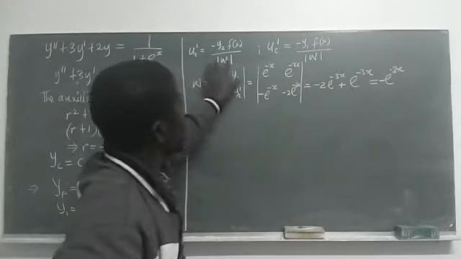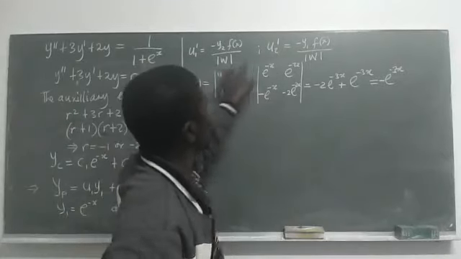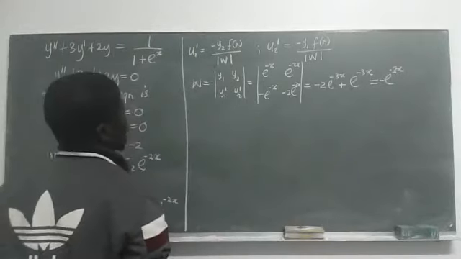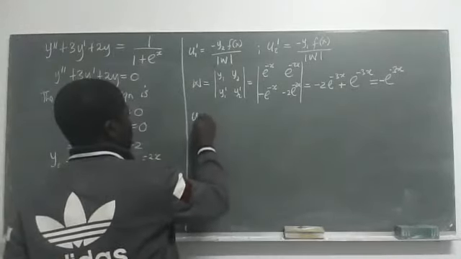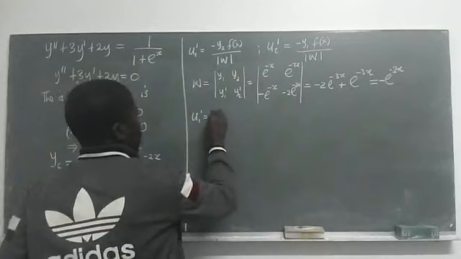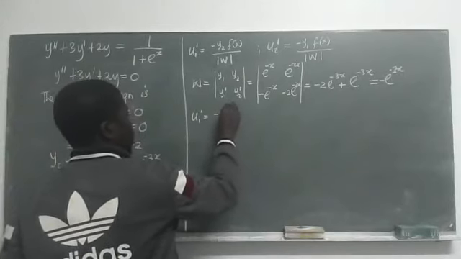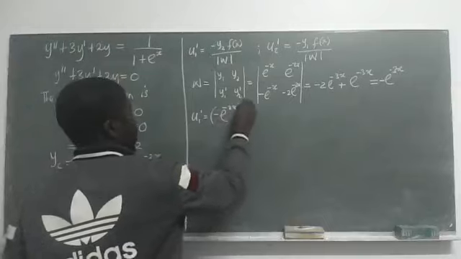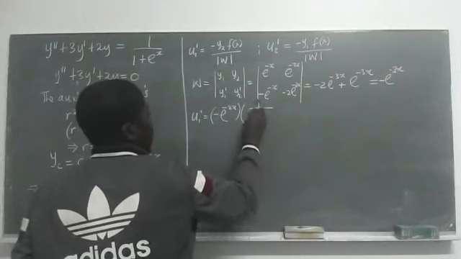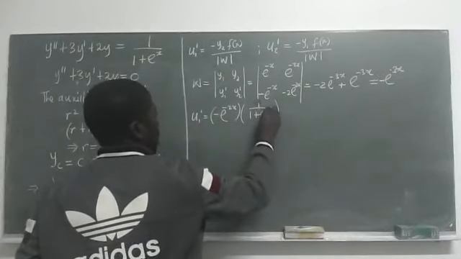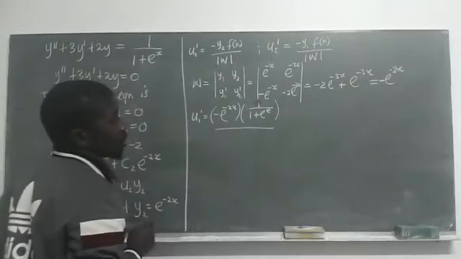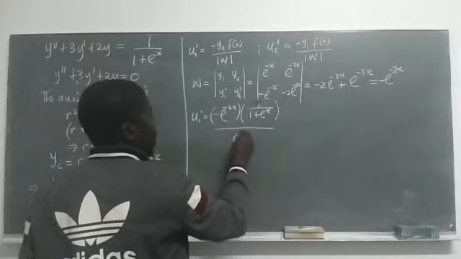So look at this. The formula for finding u1 and u2 requires that we plug in a positive, the modulus. We will ignore that negative of the Wronskian. So let's calculate u1'. u1' is -y2, and y2 is this function, so we say -e^(-2x), multiplied by the function f(x), which is 1/(1 + e^x), everything divided by the modulus of the Wronskian, which is e^(-3x).